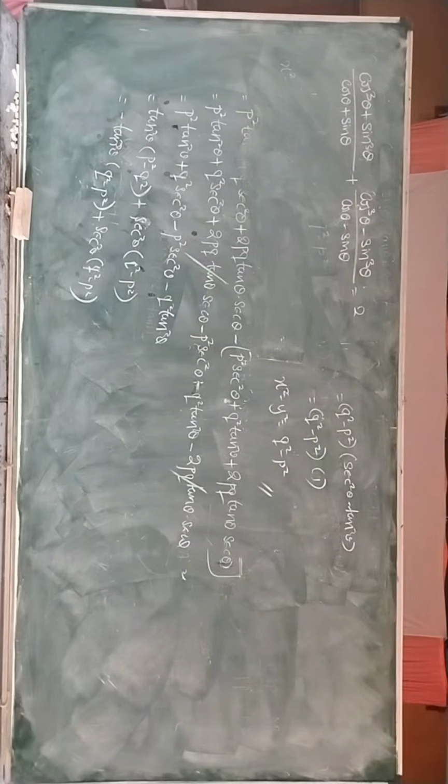A cube plus b cube, a cube minus b cube identity. A cube plus b cube is equal to a plus b into a square minus ab plus b square, and a cube minus b cube is equal to a minus b into a square plus ab plus b square. Correct? Yes.